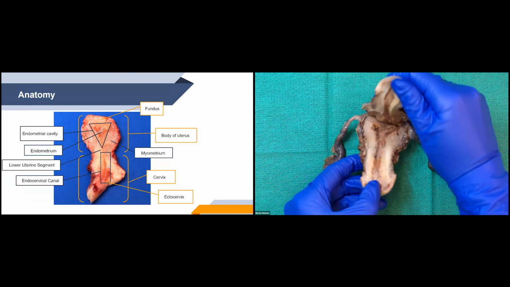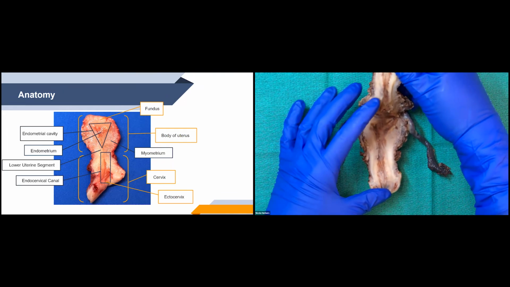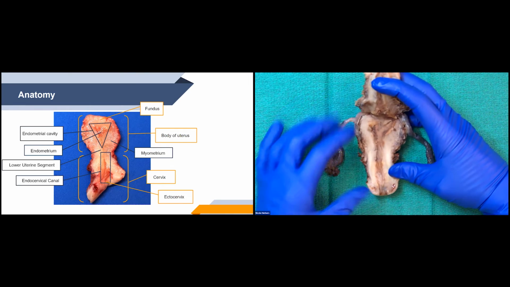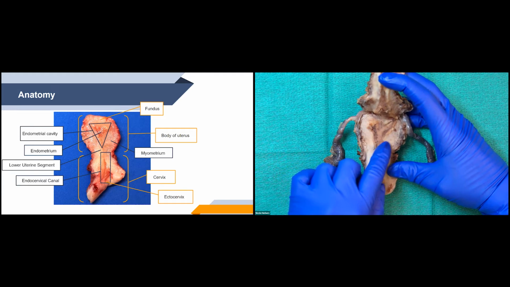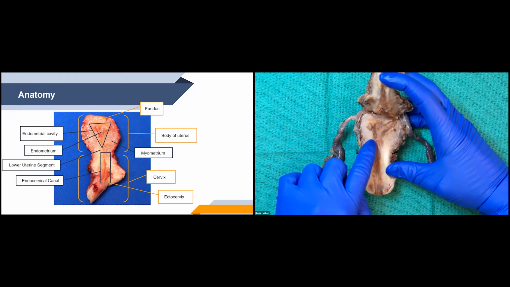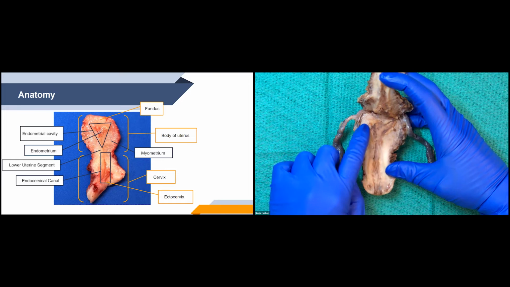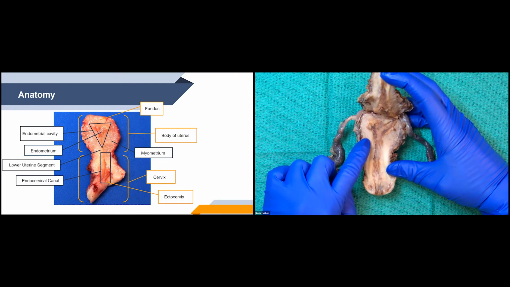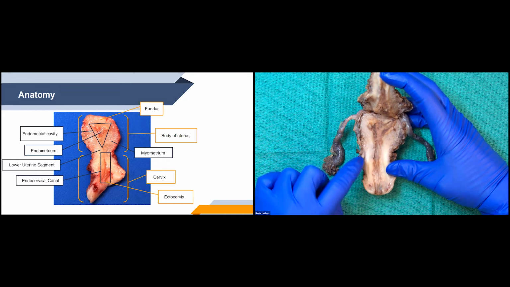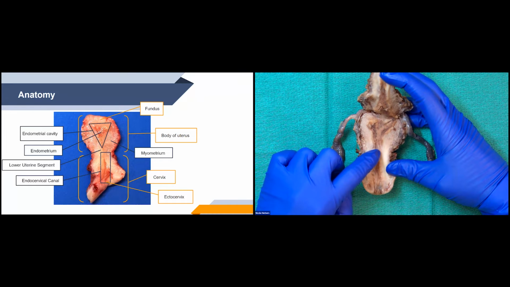And then going inside, we have our endometrial cavity, which you can see this triangular shape here. So our endometrium is in there. Our myometrium is all this muscle here. Our endocervical canal is here. And then our lower uterine segment is here.